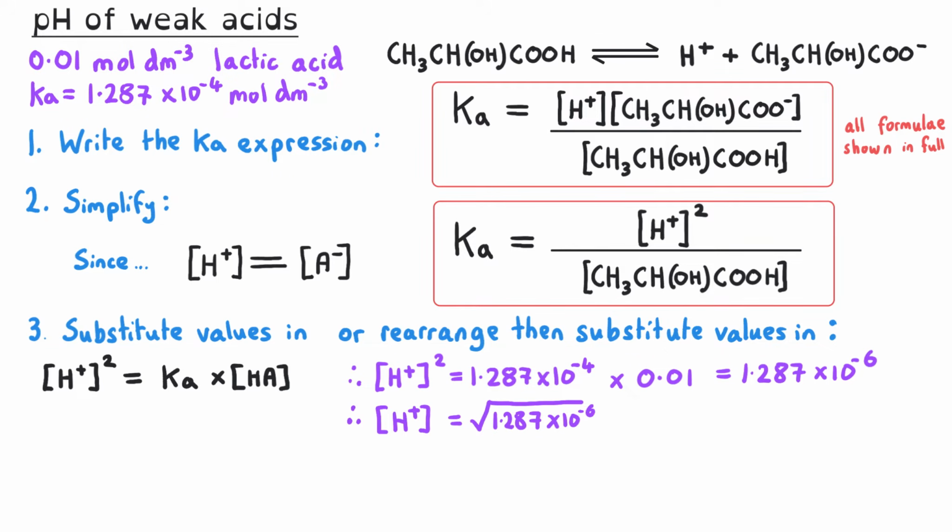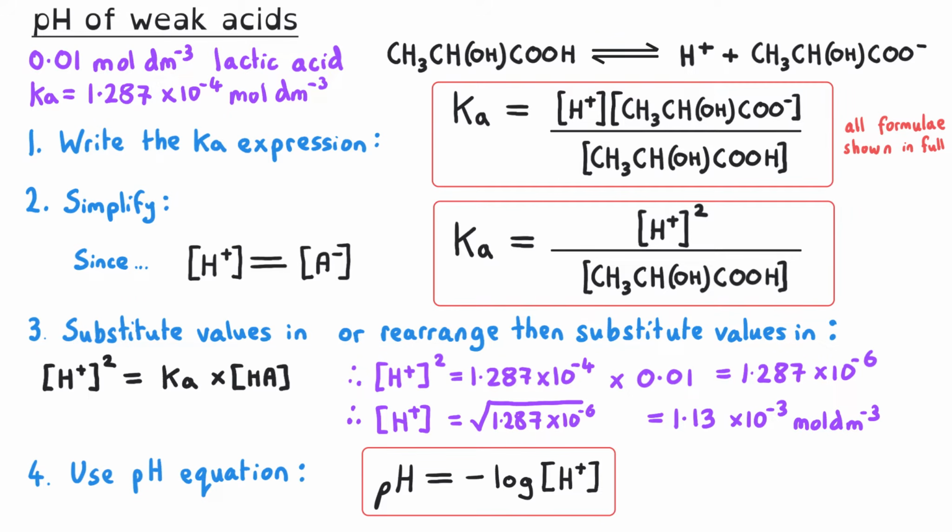So I then need to square root this value, and that gets me a hydrogen ion concentration of 1.13 times 10 to the minus 3 moles per decimeter cubed. And finally, I need to calculate the pH by taking the negative log of this hydrogen ion concentration, and that gets me a value of 2.95 for this pH to 2 decimal points.